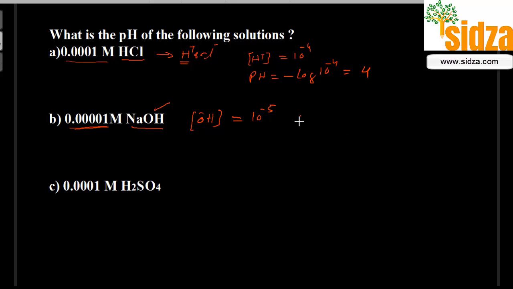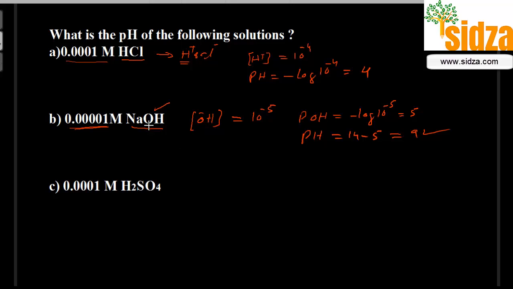So the pOH will be negative log of 10 power minus 5, which is 5, right? Therefore the pH for this solution will be 14 minus the pOH, 14 minus 5, that is 9. So that will be the pH of this solution.